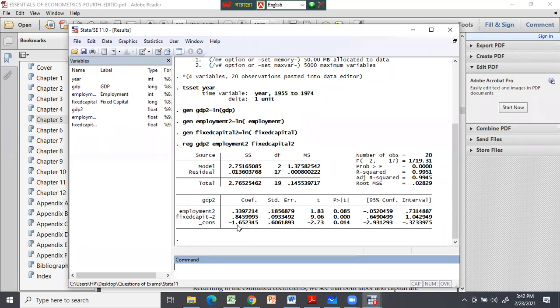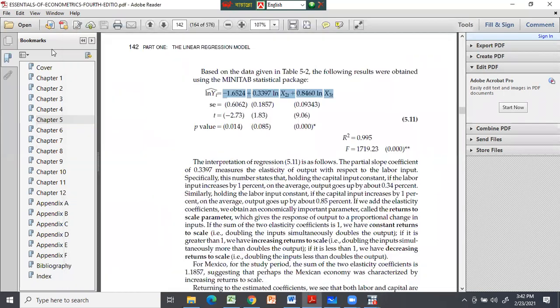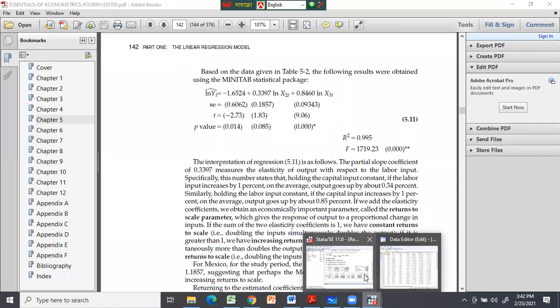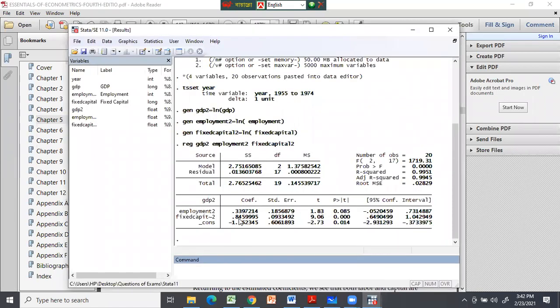Yes, sir. And 0.3397 is the value of your B2, the value of your parameter, which is also given in your output, 0.3397 for the employment.